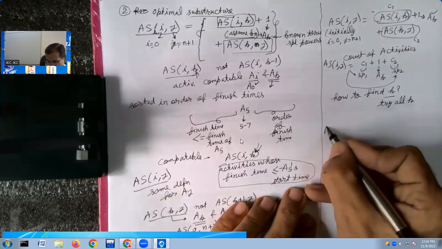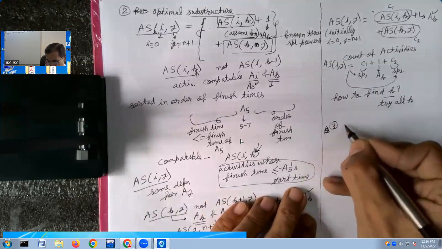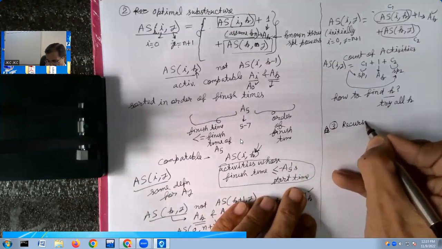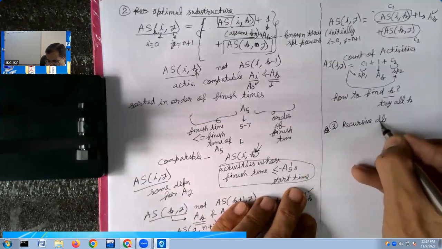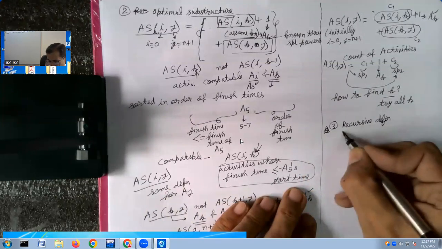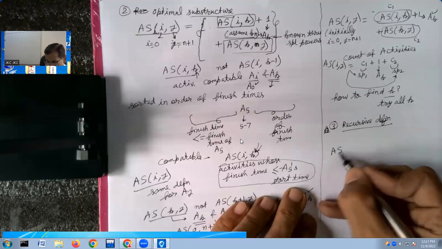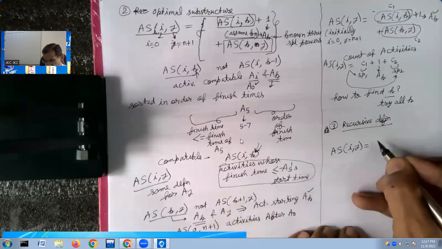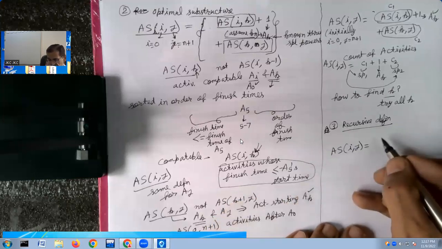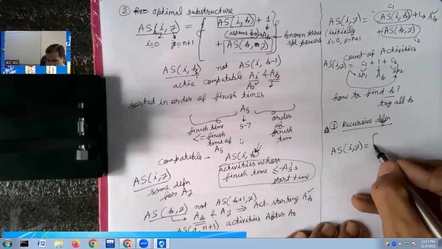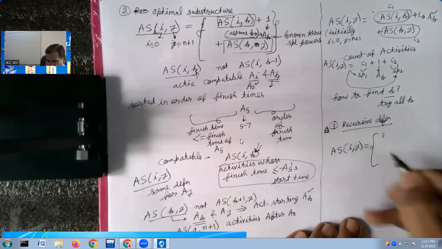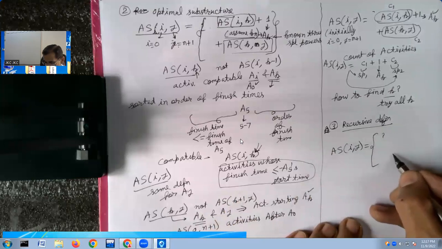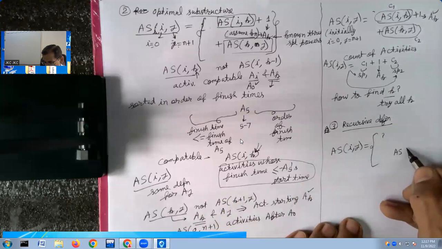So now I can effectively go to step 3 and define the recursive definition of the solution, in a way that if I want to find ASIJ in general, it means the total set of activities which are compatible with AI and AJ. This will be equivalent to some non-recursive value. Otherwise, for all K, I'll put it on a new page so that it becomes much more clear.